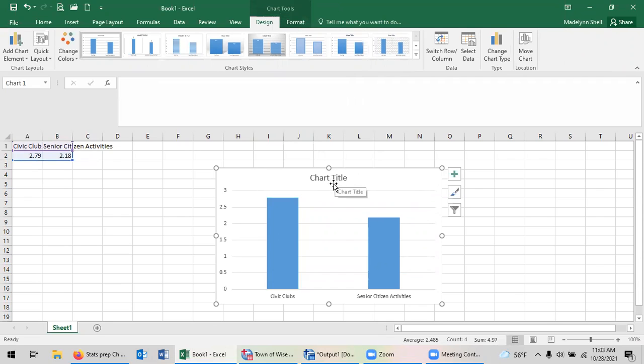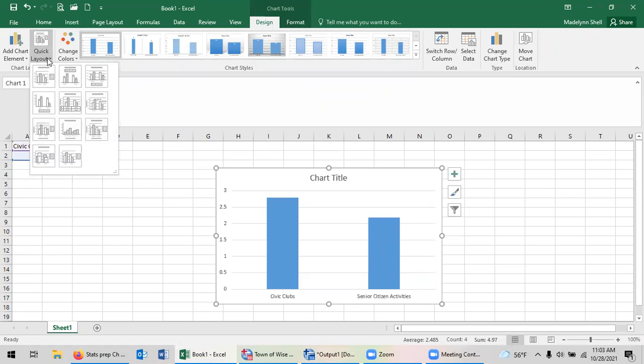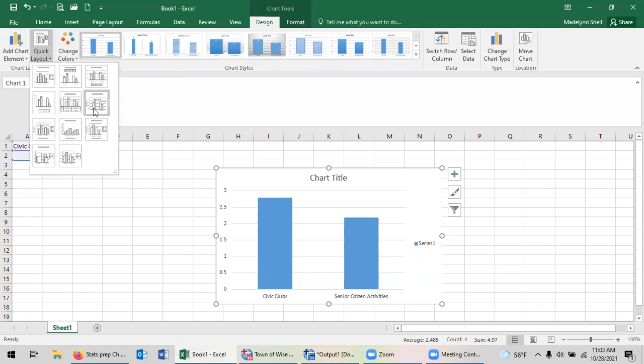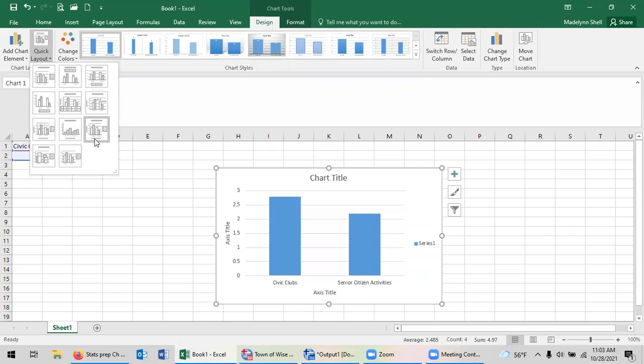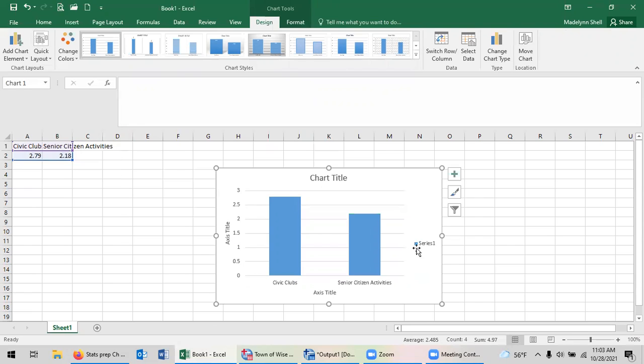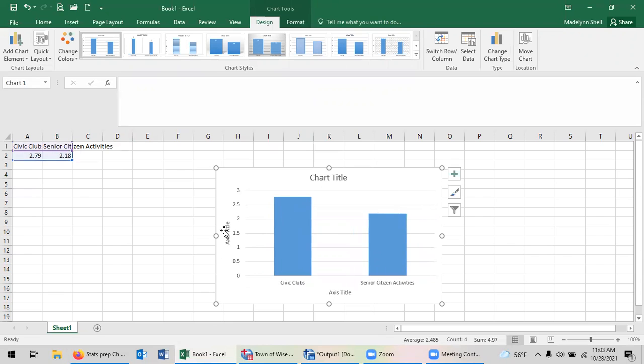Now, a couple of things you can change: if you want to add a chart title, or probably we want to add a label for what this axis is. If we select these quick layout options, it gives us some choices in terms of where things are. You don't need the series label because in this case it's the same groups, so we don't have two different colored bars, but we could add that and just delete the series label.